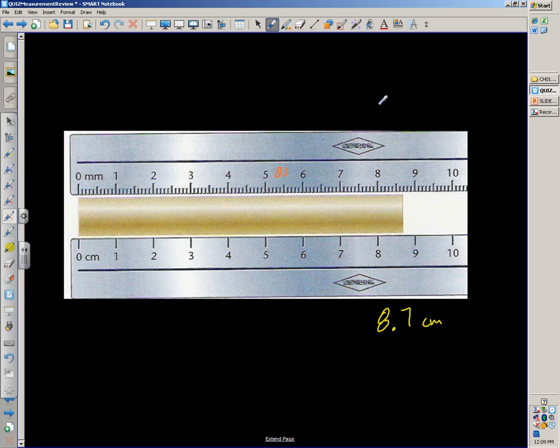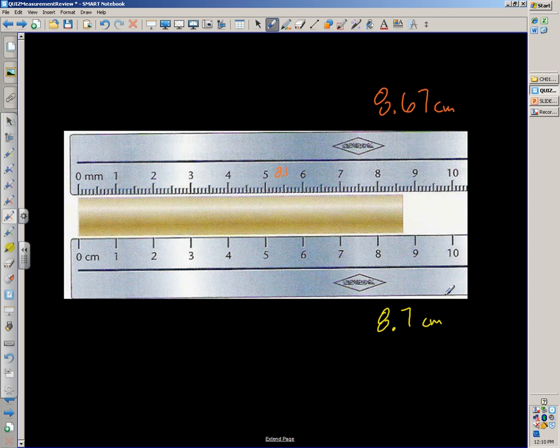That means my certain digits now are 8.6, because I know it's at least 8.6 centimeters, because I can see where the 0.6 centimeter line is. Now I have to go one place past that, so I would record the measurement as, I don't know, 8.67 centimeters, because it looks like it's close to the 0.7 line, not quite there. Both of these measurements are correct, based on the measuring tool that was used to measure them. All right?